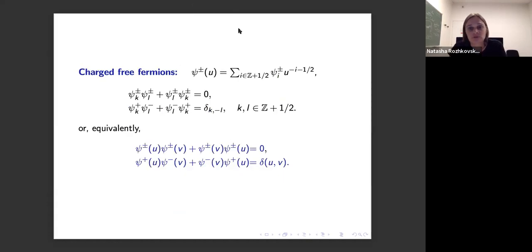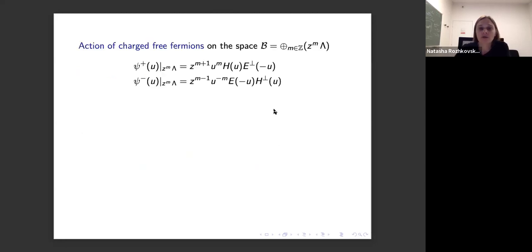Charged free fermions is a Lie superalgebra with two types of generators, which create and annihilate stuff. So these are the relations, or equivalently in terms of formal distributions. Again, this here is the formal delta function.